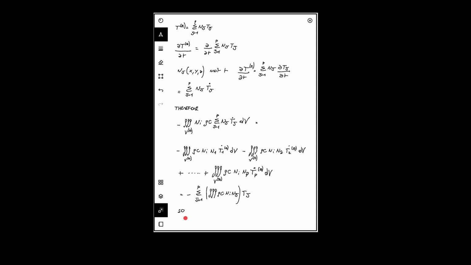So K3EJ, that is another matrix, is equal to this quantity. We are almost done.